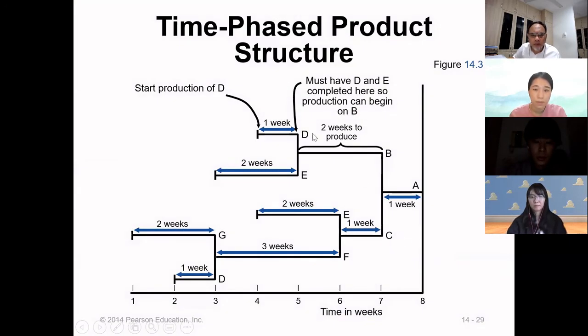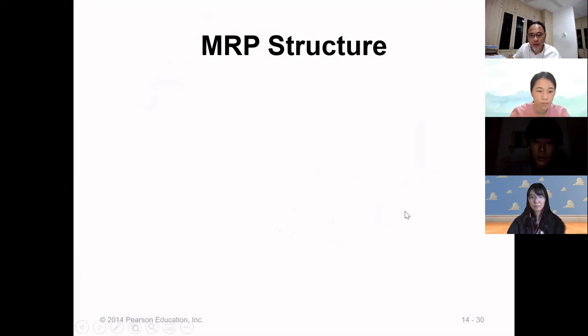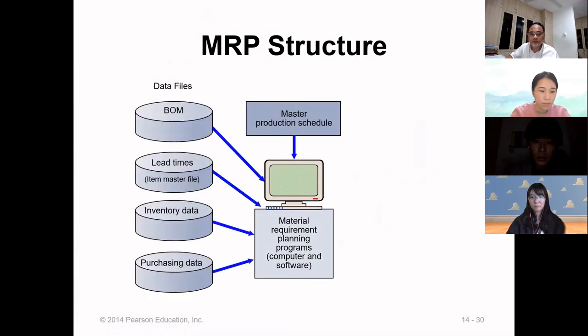We have already mentioned the time phase product structure, and there is a concept which I didn't explain just now, the low level coding. You need to go until the low level coding when you develop your product structure. So this is your product structure or your bill of material.